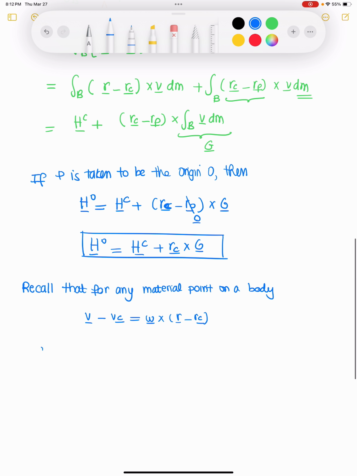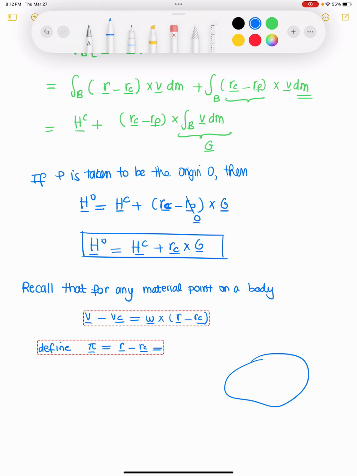And let's define this r minus rc vector and call it pi, small pi. So that's the position vector from the center of mass to a differential mass dm. That's called pi.